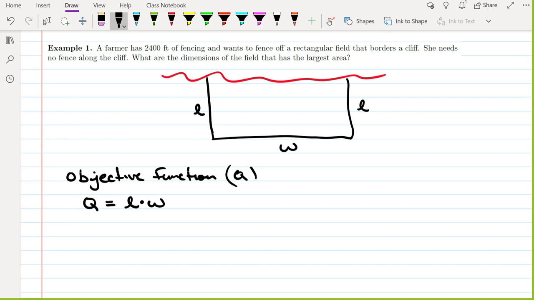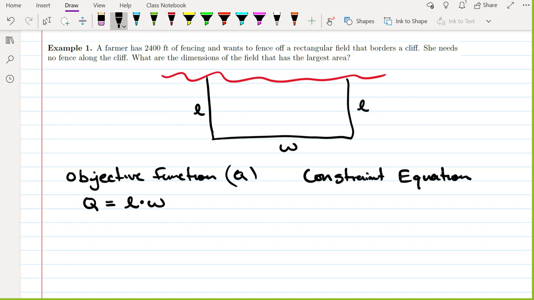Then we're always going to have some sort of constraint. This is going to be our constraint equation. And this is what limits us from making the field infinitely big. So what's the resource that we have that's preventing us from making this as big as we want? Well, that's going to be the amount of fence, right?